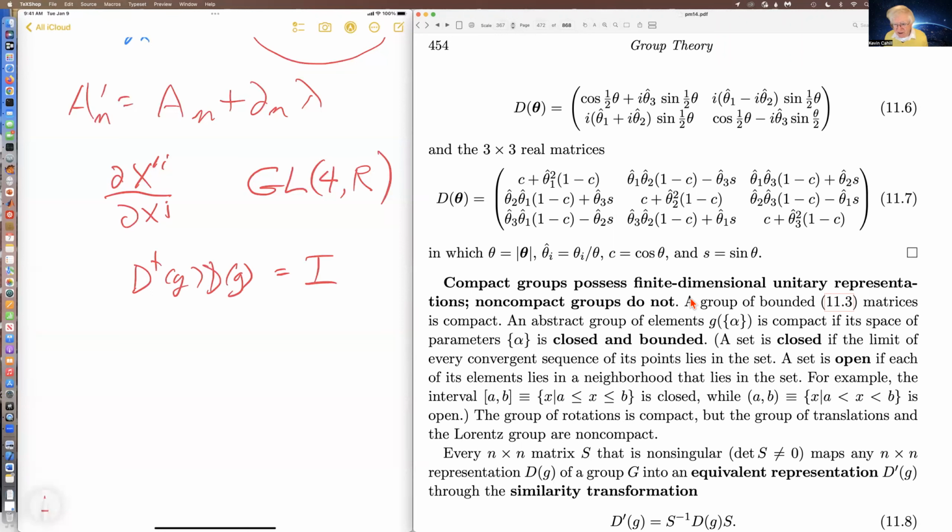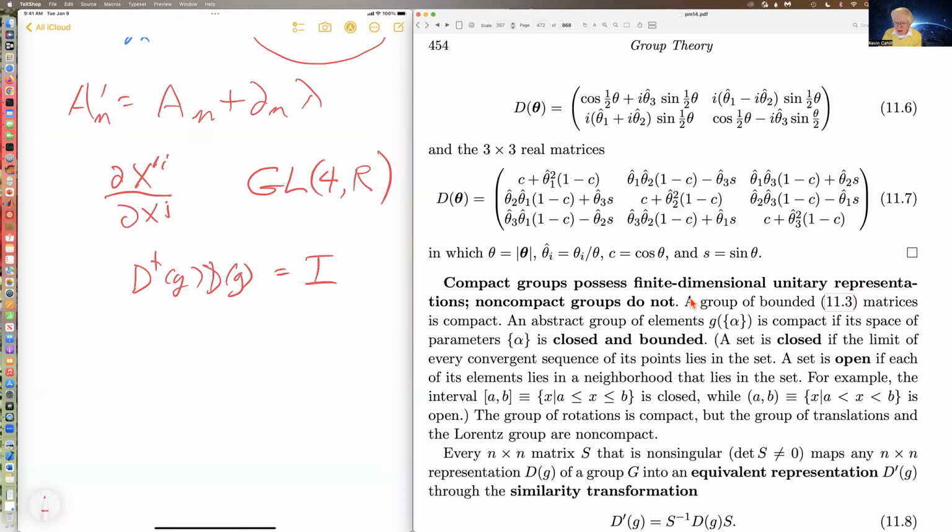That's if the group is compact. On the other hand, some groups are not compact, such as the translations, the boosts, the Lorentz transformations, the Poincare transformations, the general coordinate transformations. These are non-compact groups, and they don't possess finite dimensional unitary representations. They possess infinite dimensional unitary representations and finite dimensional non-unitary representations, but not finite dimensional unitary representations.